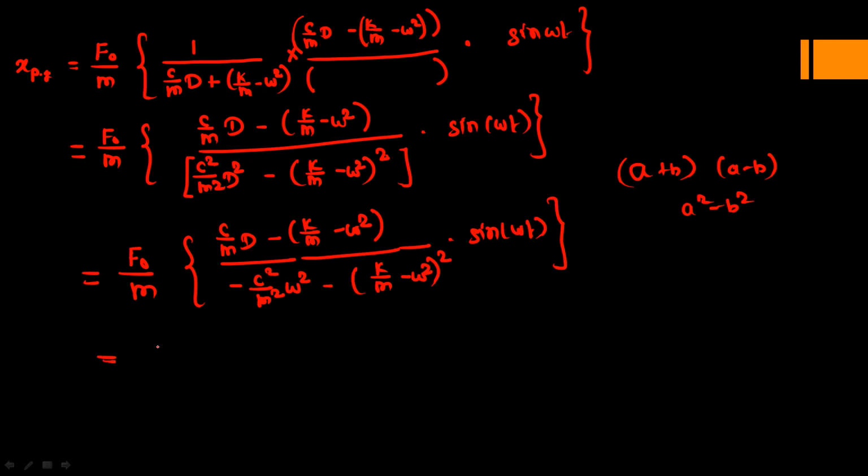Okay, so now we have removed the D operator from the denominator. Now the only D operator present is in the numerator. So just multiply sine omega t to this complete equation.